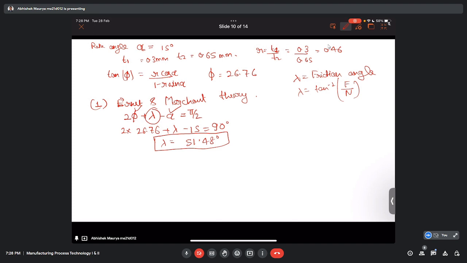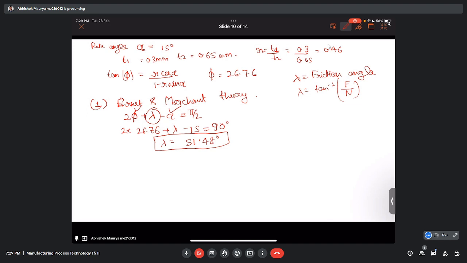So by the Merchant theory, we find lambda for the given geometry and given conditions. What were the given conditions? We were given that the rake angle is 15 degrees, which means the tool geometry is fixed.